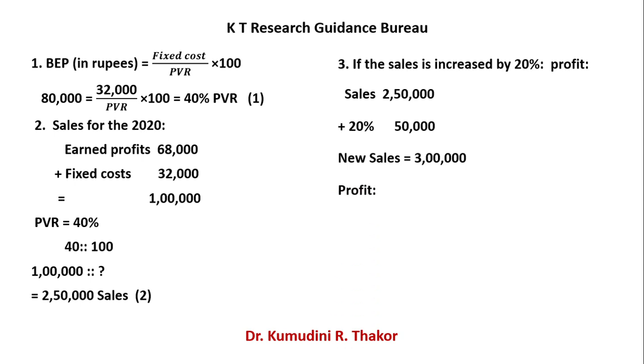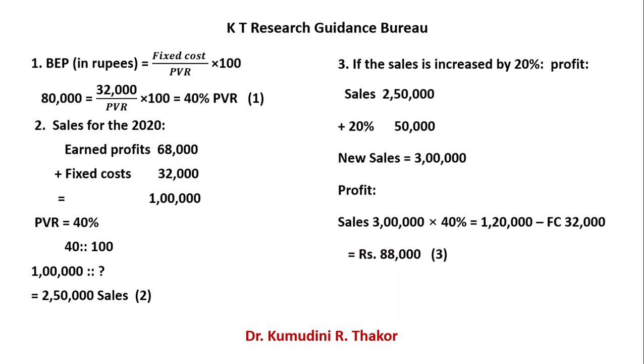Now, your sales is 3 lakhs and your PV ratio is 40%. So 40% of 3 lakhs is equal to 1 lakh 20,000 minus fixed cost. Fixed cost is already given, that is 32,000.